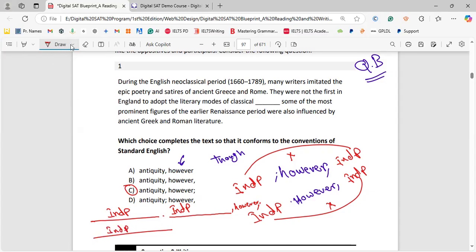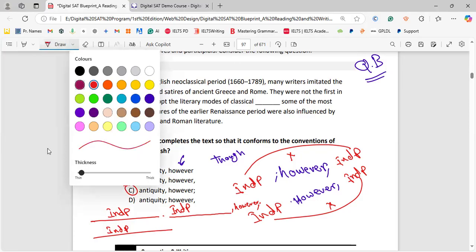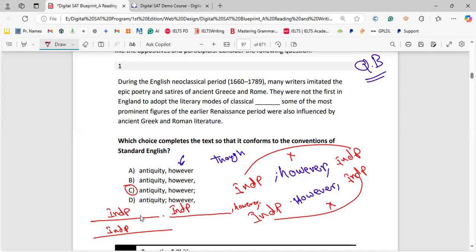So here, the contradiction that we're searching for is between that sentence and that sentence. The contradiction in meaning is between that sentence and that sentence. It's not between the second and third sentence. It's between one and two.